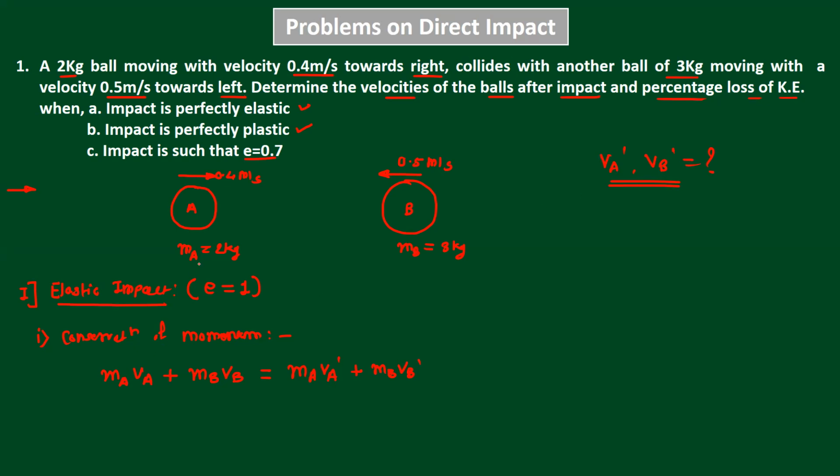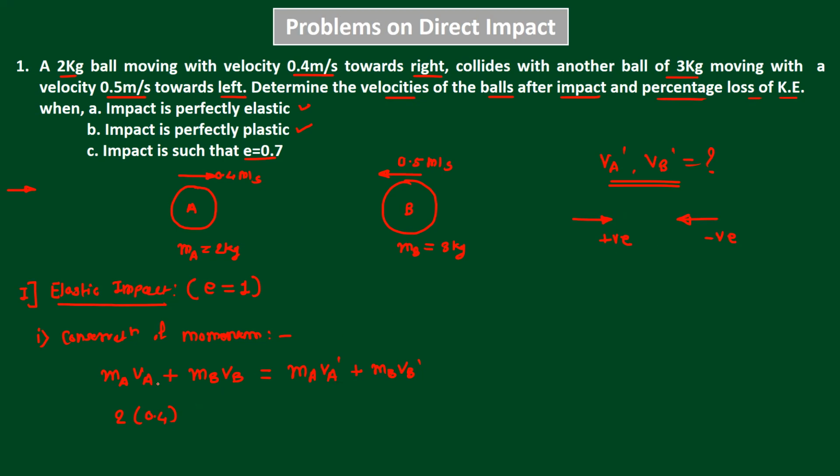Now put the values given. The mass of A is 2 kg, and VA is 0.4. When we solve the problem of impact, if the velocity is directed towards right, we consider it as positive, and if the velocities are directed towards left, we consider this as negative.